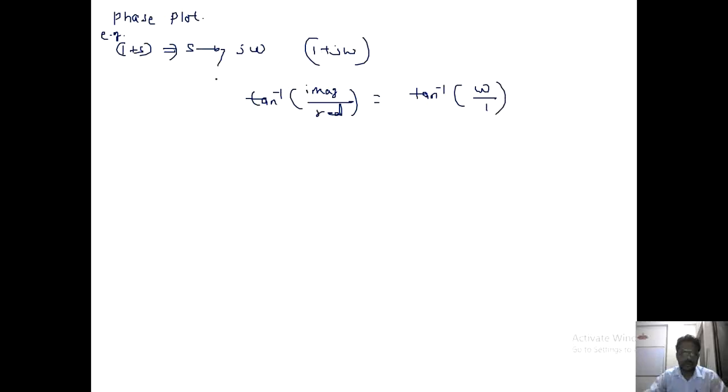If it is a pole, the formula will be minus. If it is a zero, the formula will be plus. So for 1 plus s, as it is a pole, the formula is minus tan inverse omega.